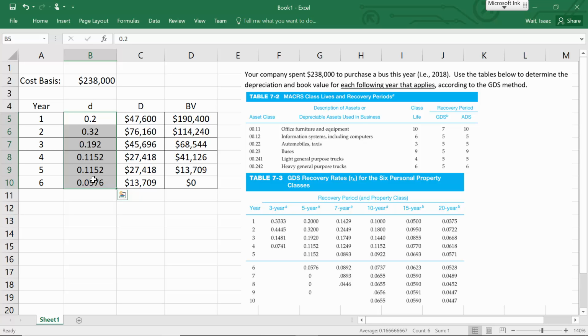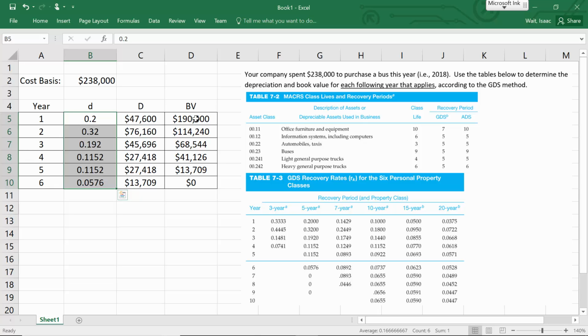What I want to make sure is that the sum is 1, because if the sum isn't 1, that means that I've keyed something in incorrectly. The sum of those depreciation factors will always be 1, meaning that over the course of its entire class life, it's depreciating the full value, the initial cost basis.